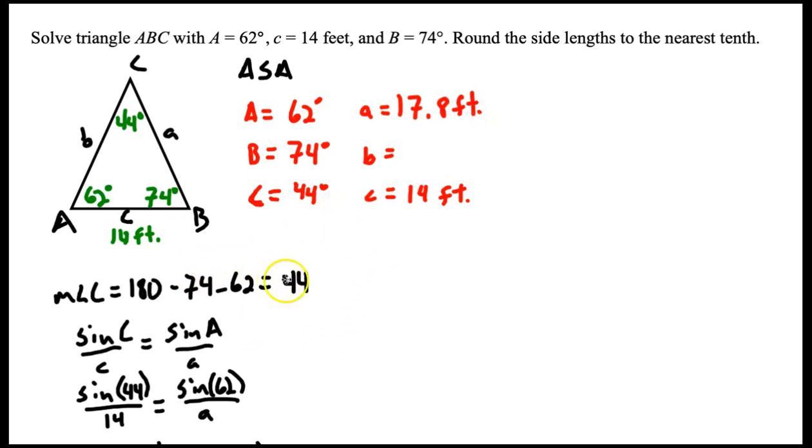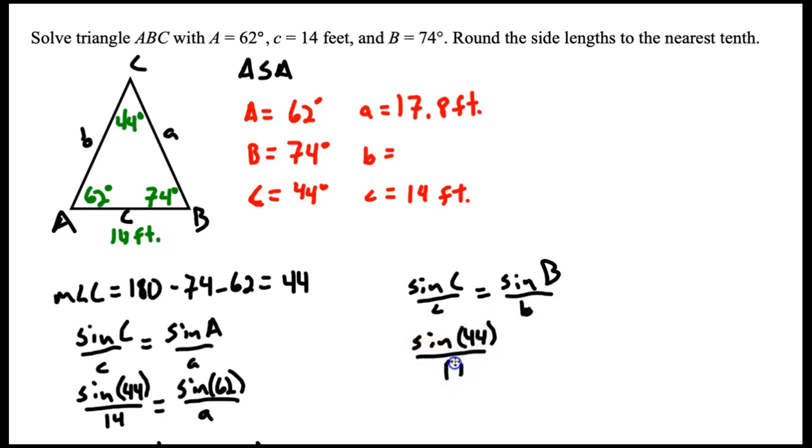And now we just want to set up something similar for B. I can use this same first part over here, so I can say sine of C over side C equals sine of B over side B. Then we've got sine of 44 over 14 equals sine of 74 over B. Then we're going to solve the same way we did over here.